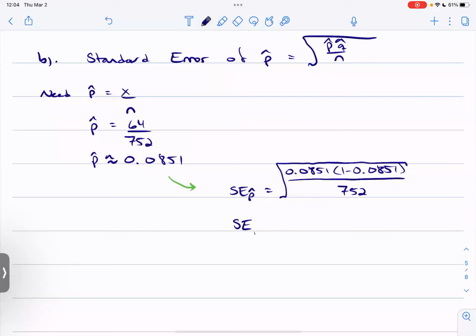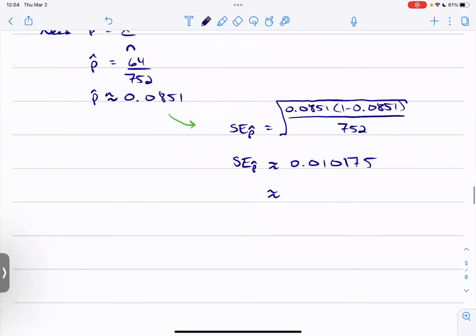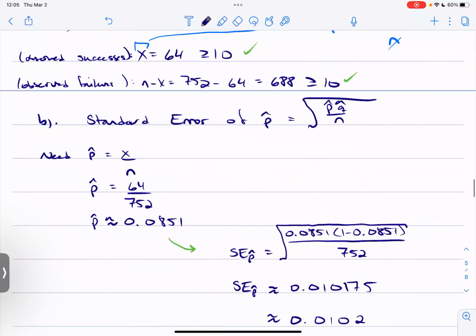So the standard error of p hat is roughly 0.010175. Again, to 4 decimal places, 0.0102, mostly because it's annoying to type it all in your calculator. So the standard error is 1.02%. Right? So a spread of 1%. Okay. Pretty good.